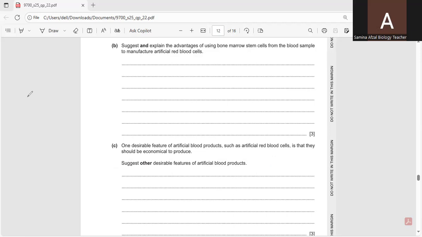So in this way, we can say that they have many specific advantages due to which they can be used.